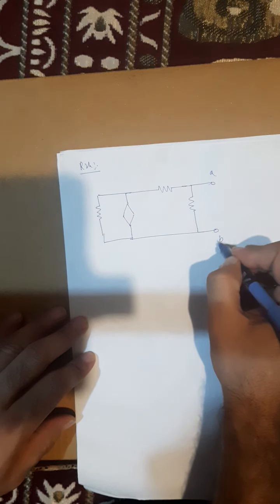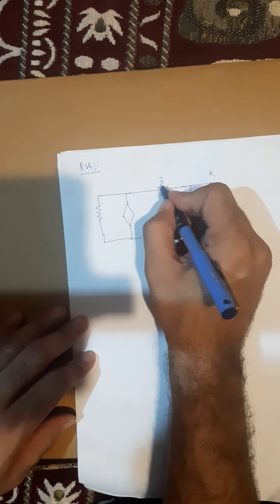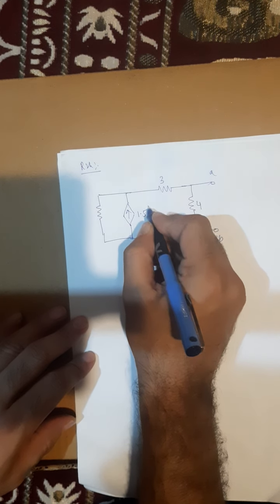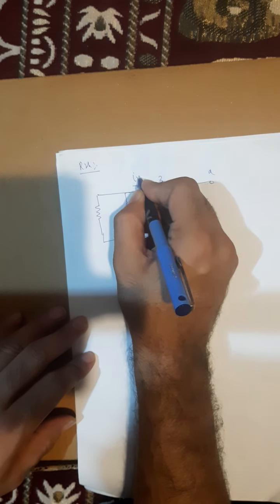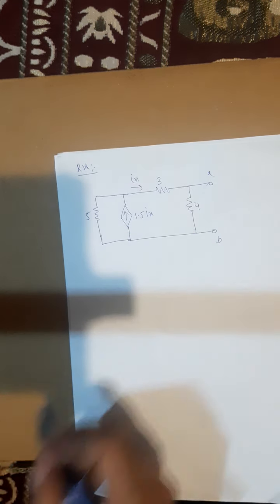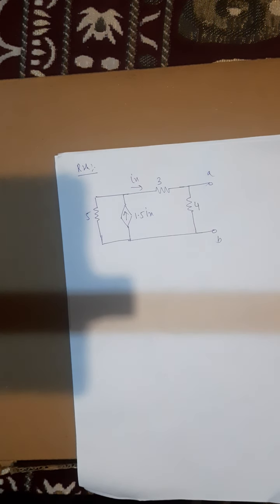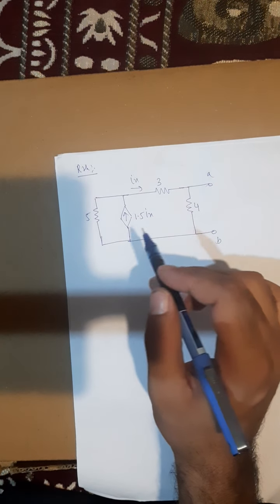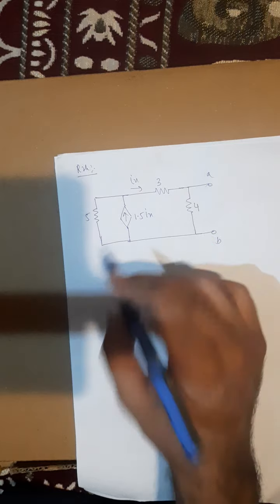This is A, B, this was 4, this was 3, this was 1.5 Ix, this was Ix, and this is 5, because a voltage source was here in series with this 5 ohm resistor. That has been turned off by replacing it with a short circuit. This is how the circuit looks when all the independent sources are turned off.